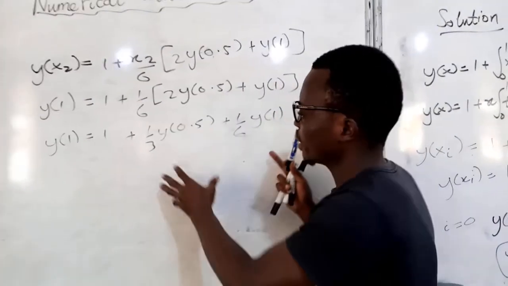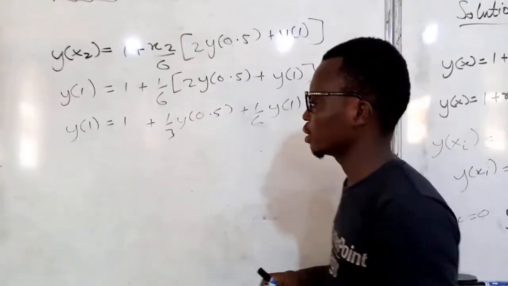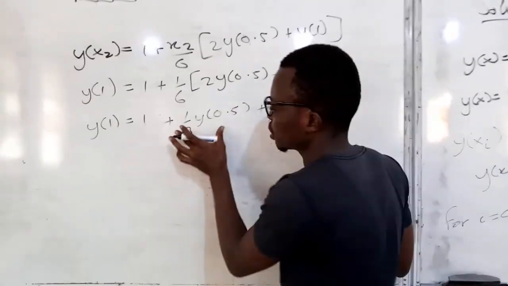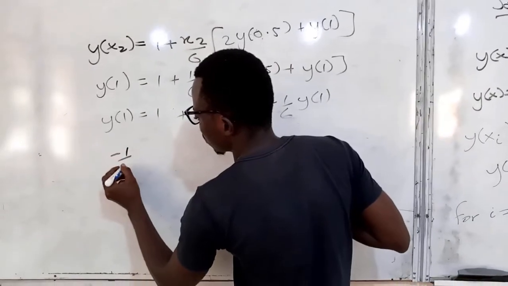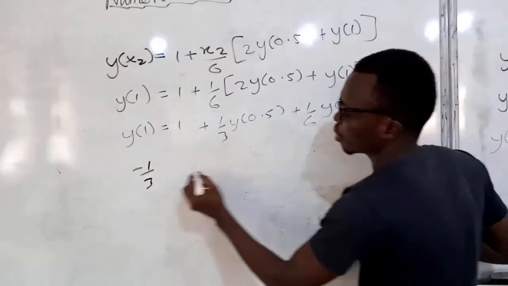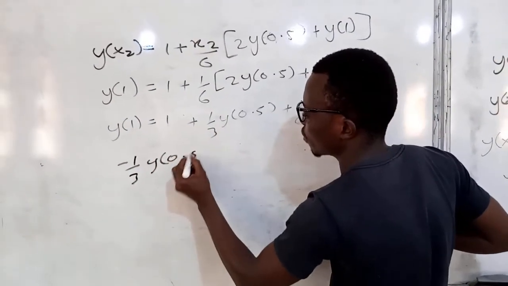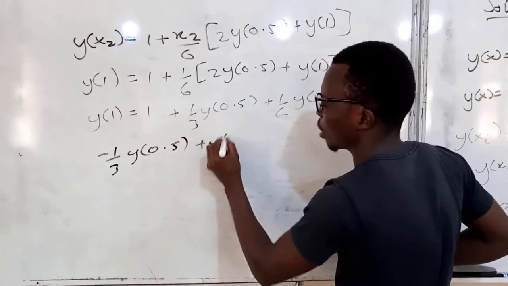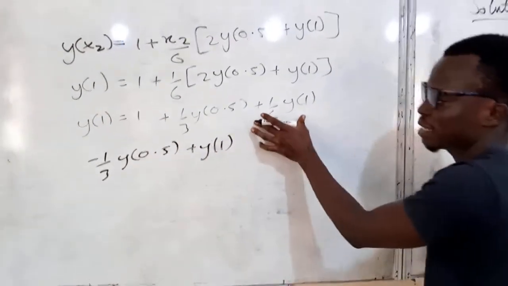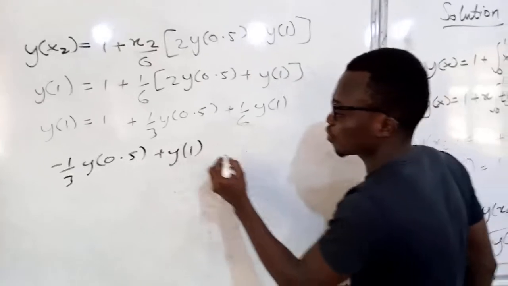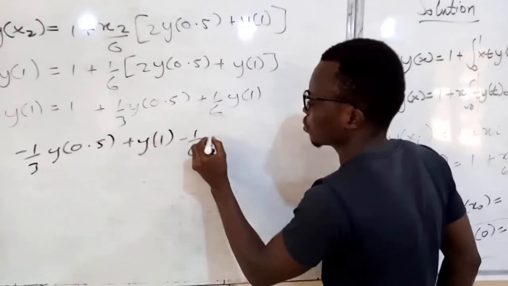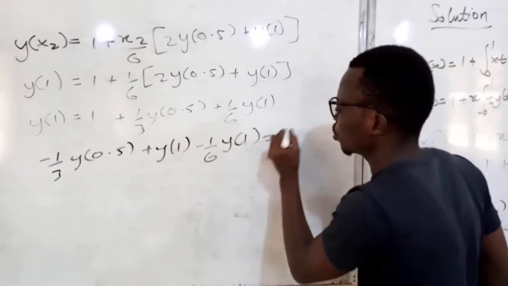So let's group items. Let's send the unknowns to the other side of the equation. I'm going to have minus 1 out of 3 y of 0.5 plus y1 minus 1 out of 6 y of 1 equal to 1.